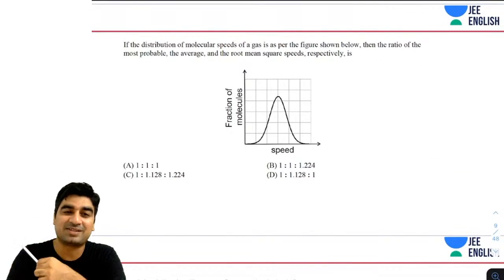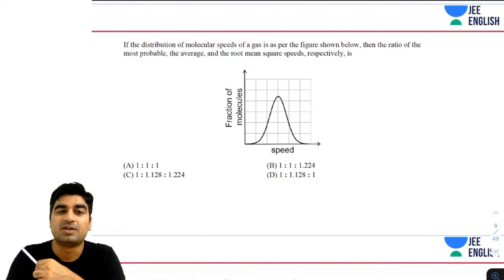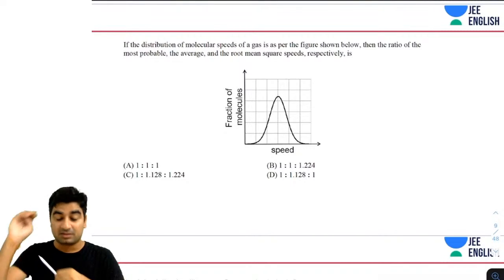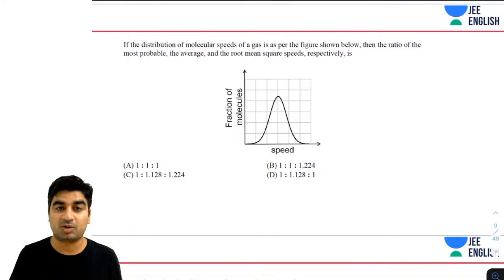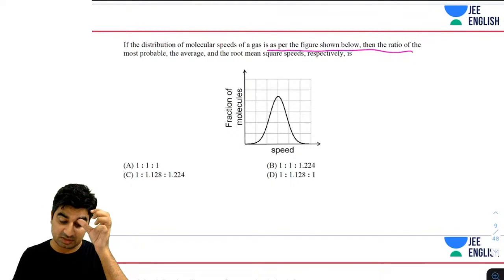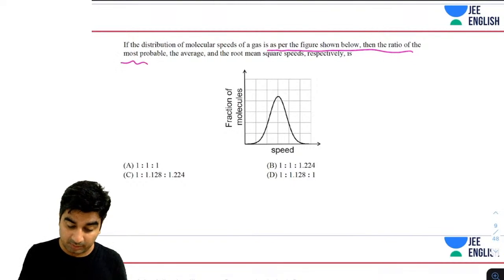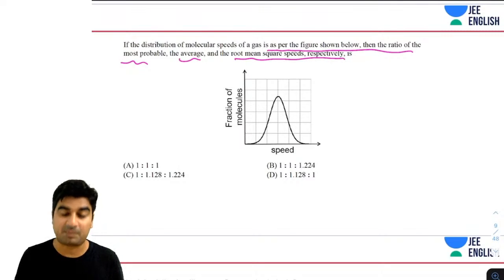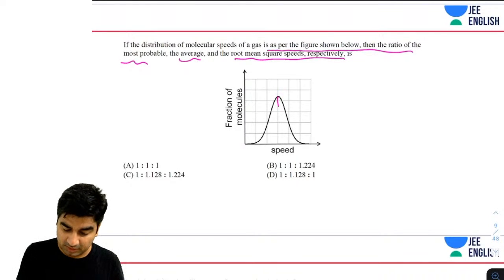So guys, students are saying that the paper this time was tough. So let me check here. It says if the distribution of molecular speed of a gas is as per the figure, this is the distribution, then the most probable, the average and root mean square speed respectively.